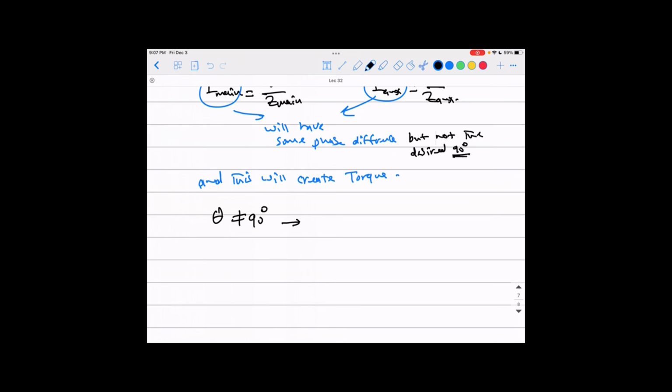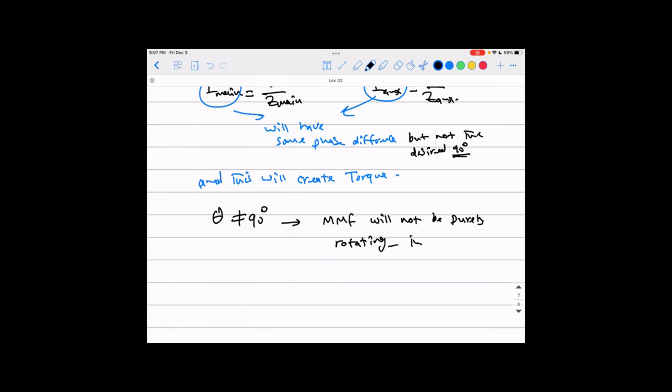90 degrees. Once theta is not 90 degrees, that means the MMF will not be purely rotating.